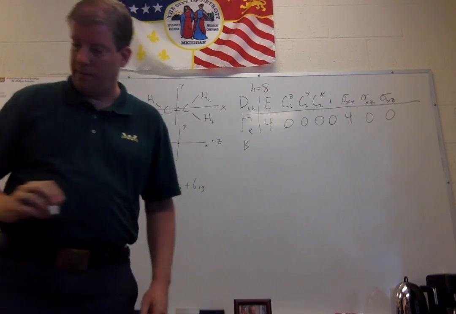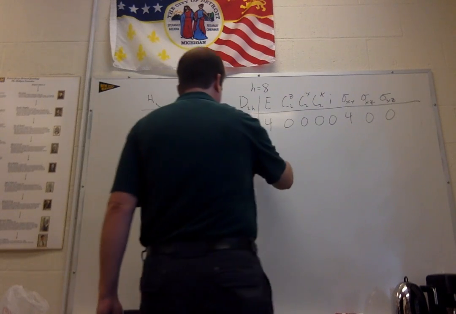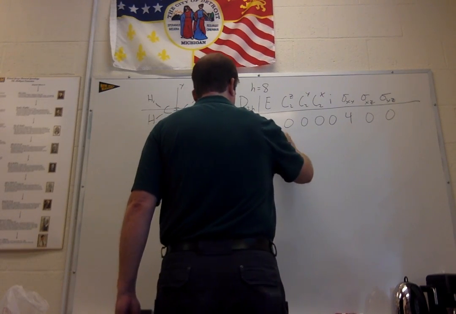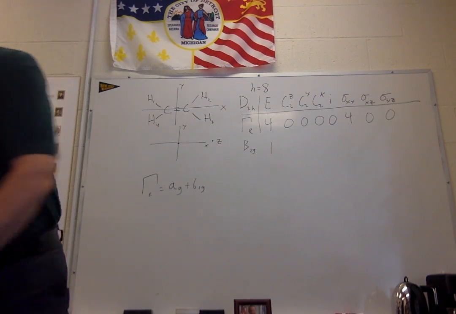Next up, B2g. Have a 1 here, and what do we have under XY? A negative 1.